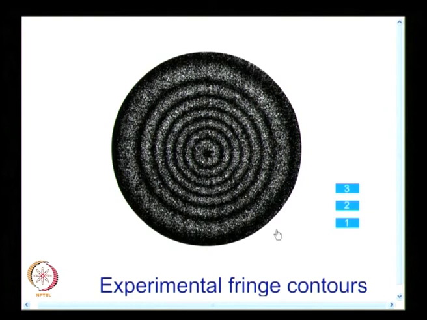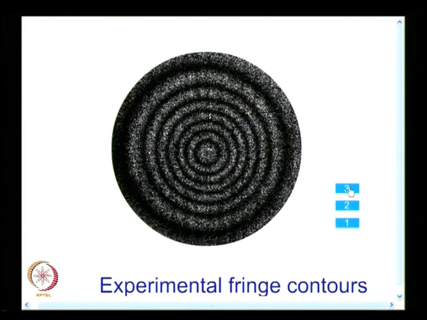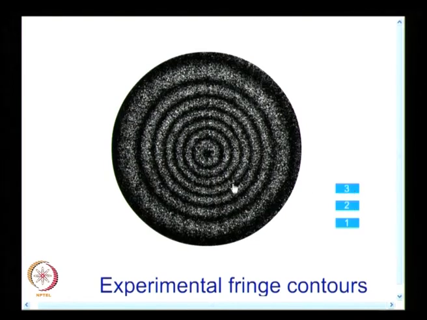Here again it is a function of the load applied. I can apply load 1, load 2, load 3 and so on, and you do not have the level of contrast that you have in the case of photoelasticity.